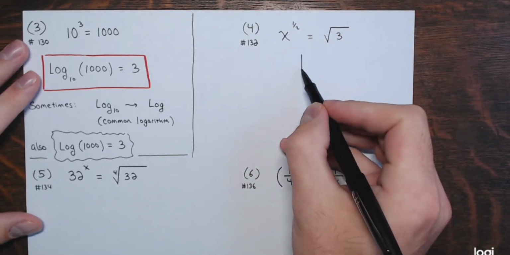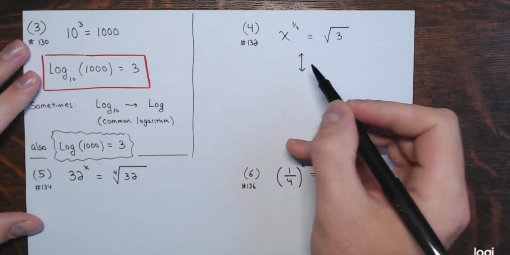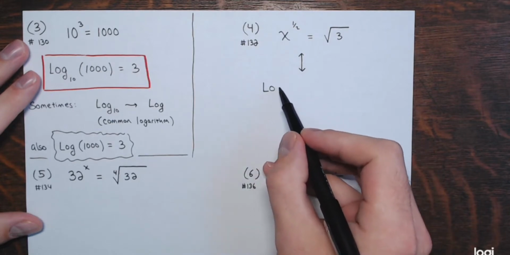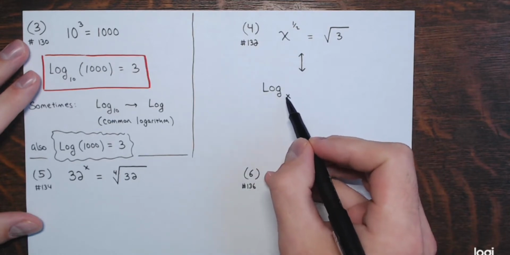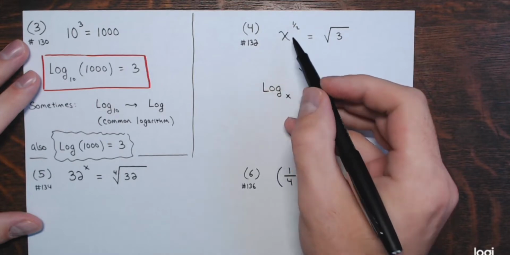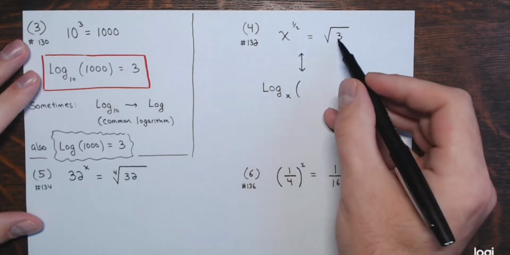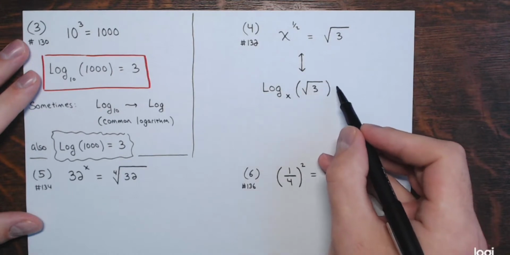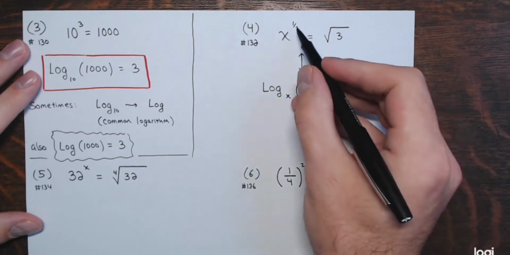So an equivalent way of saying this is log base x, that was the base on this exponent, of the number on the other side, the square root of 3, equals the exponent on this base, 1/2.